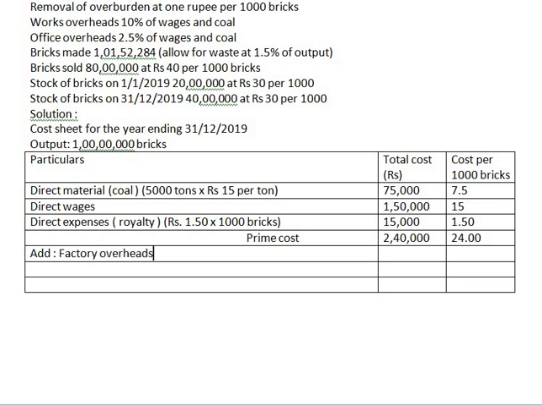Now related to factory overheads, what all information they have given, just go through the problem again. After royalty they have given depreciation on plant and machinery at 10%. Depreciation is related to factory overheads, so we need to record that depreciation over here.